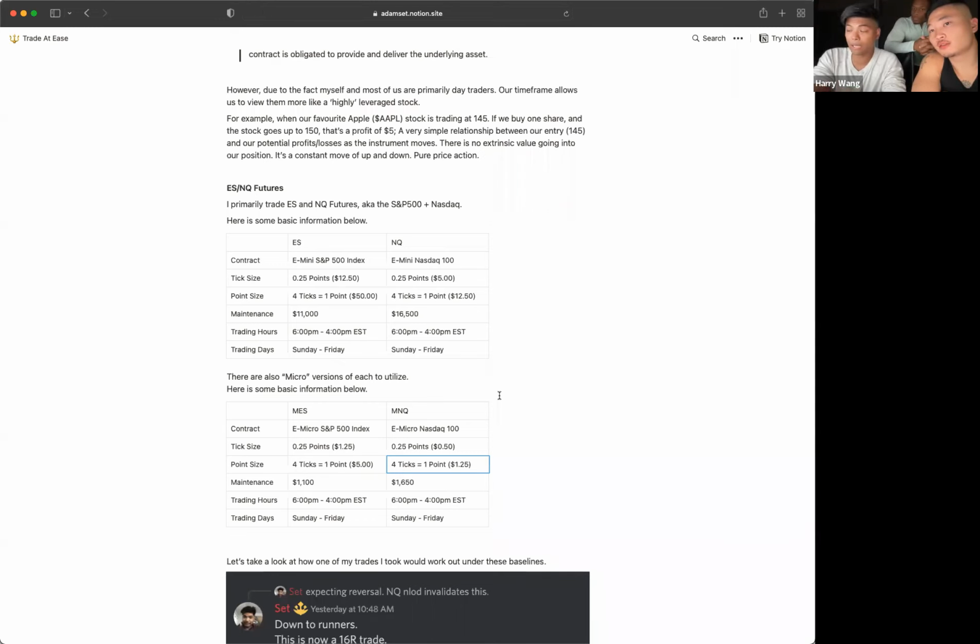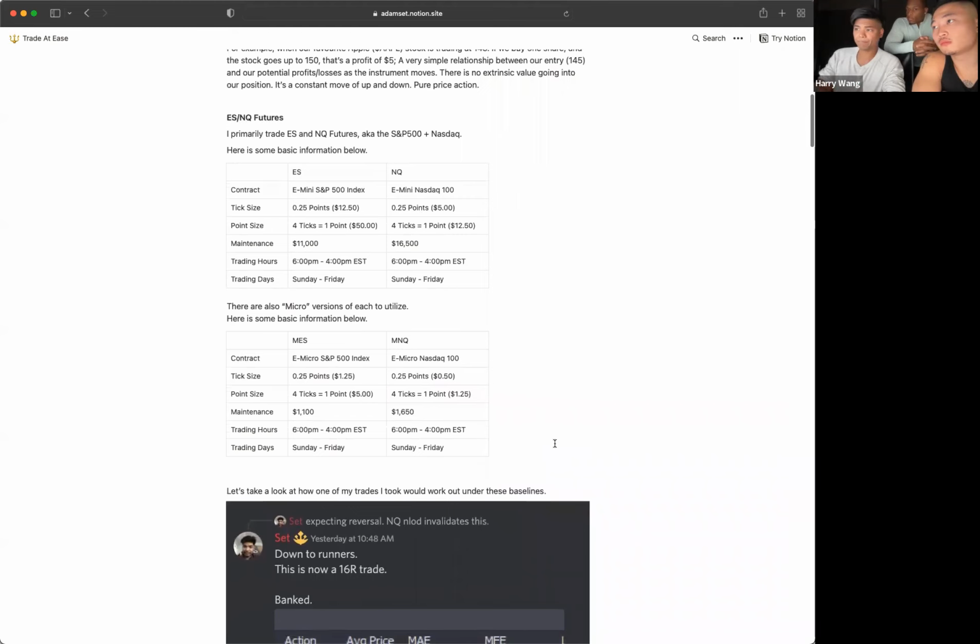I will get to that momentarily. But in terms of the maintenance fees, yes, you will need some equivalent of $16,500 to hold one NQ contract. With all this being said, the main takeaway is it's $50 per point on ES, $20 per point on NQ.